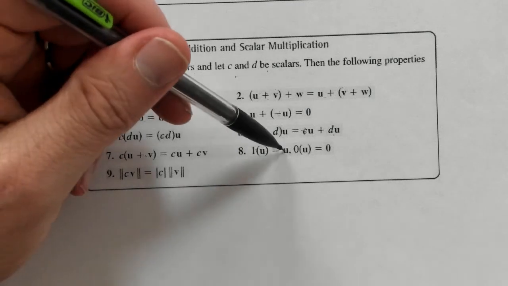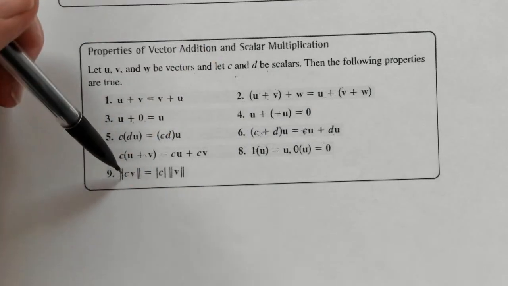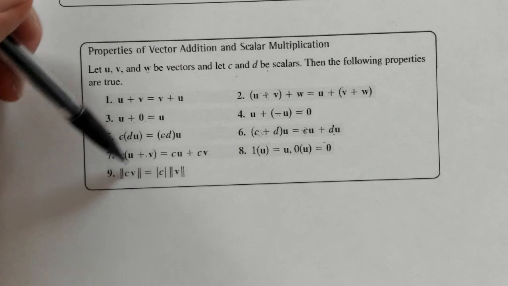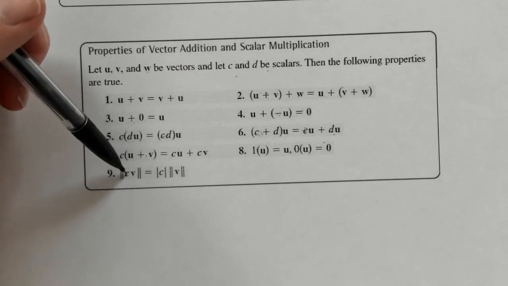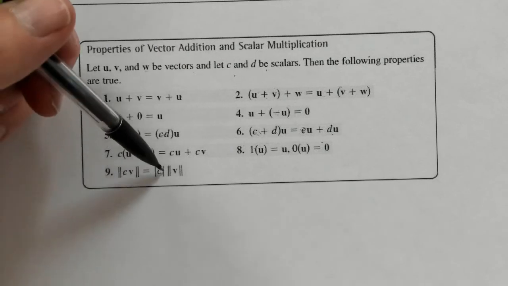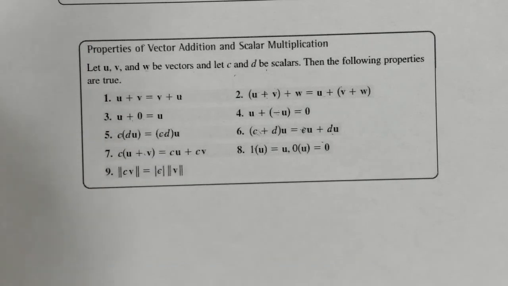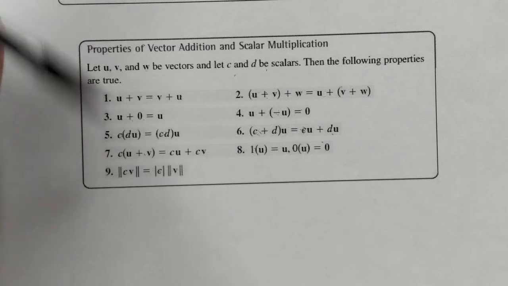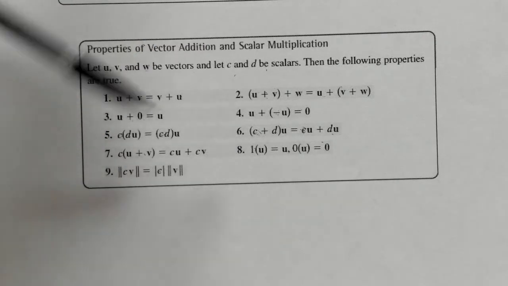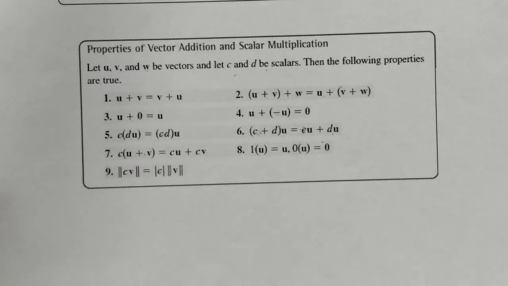Multiply it times 1, you get the same thing. Multiply it times 0, you get the zero vector. The magnitude of a vector times scalar c is equal to the absolute value of that scalar times the magnitude of the vector. They're the same. So really all of the normal addition and multiplication properties hold true for vector operations.